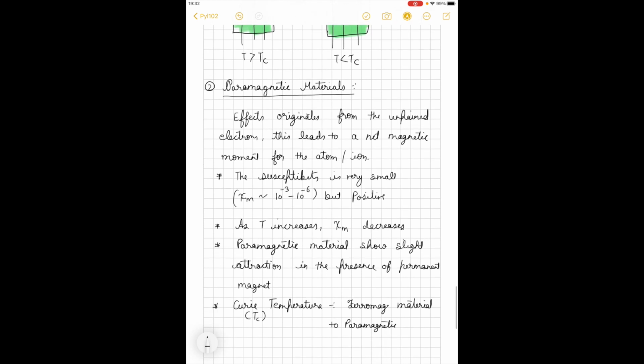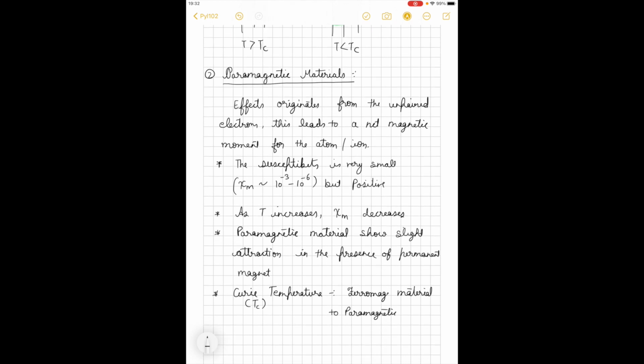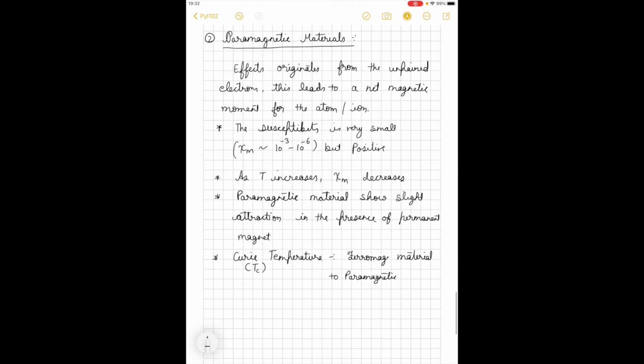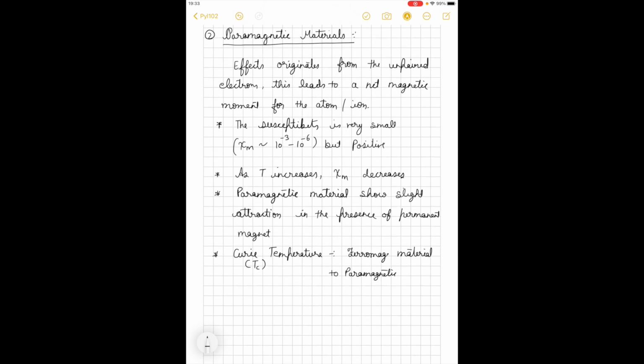For the entire system, one can think of the net magnetization as zero, because there are so many different atoms or ions, and they will be oriented in all different directions, but individually they have the magnetic moment. We also introduced the Curie temperature, the transition point from ferromagnetic to paramagnetic phase.